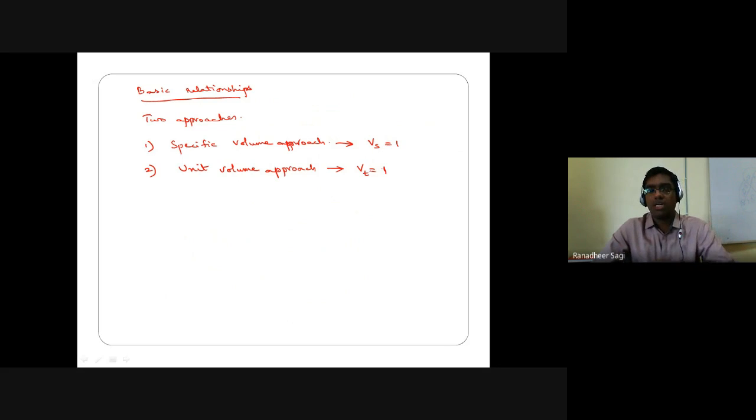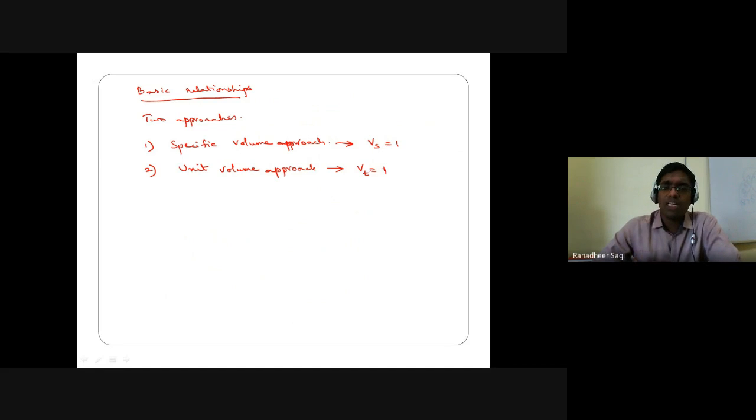That it could be in terms of your dry unit weight, how do I get those expressions based on the specific volume approach, or maybe by the unit volume approach. Whichever approach you follow, it doesn't matter. The relationship you derive comes out to be the same. In some cases, the relationships can be easily derived based on the specific volume approach. In some cases, they are easily derived based on the unit volume approach.